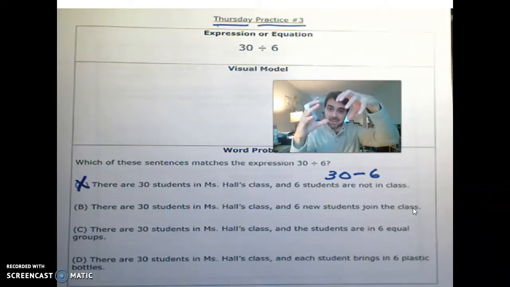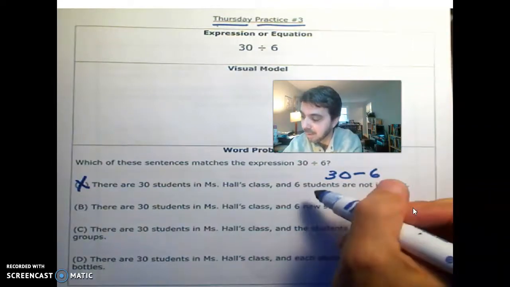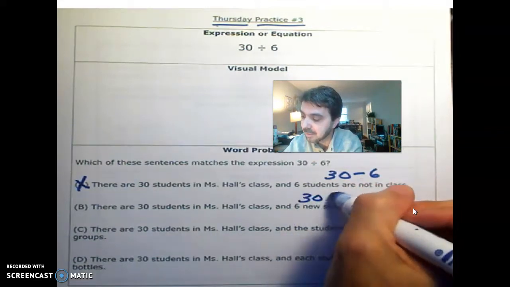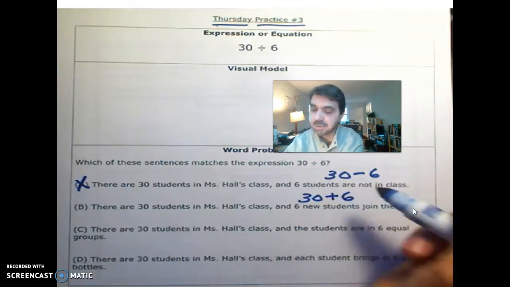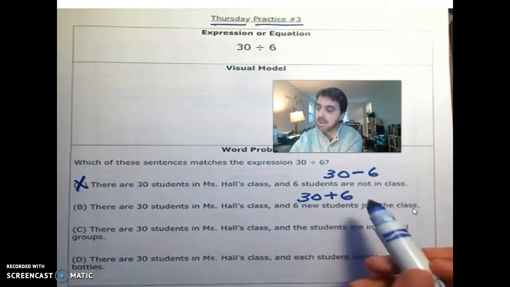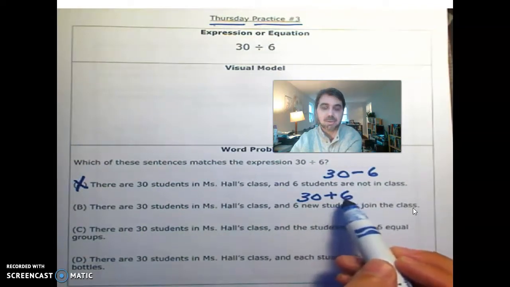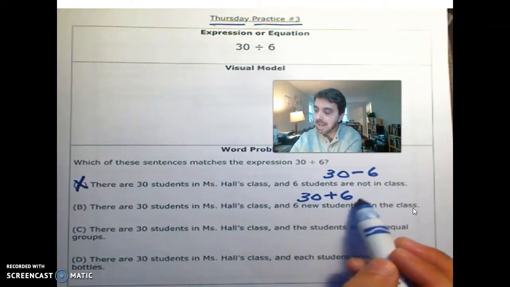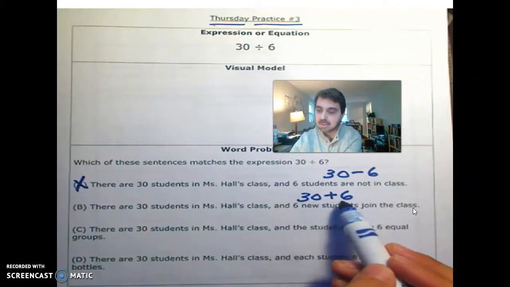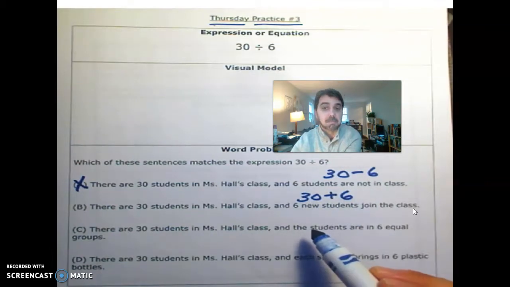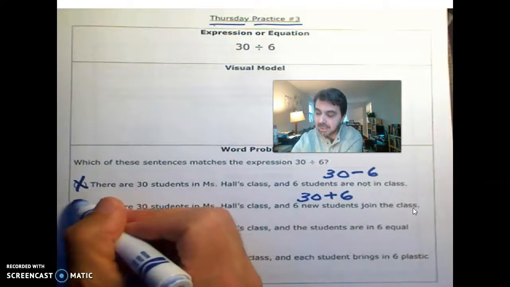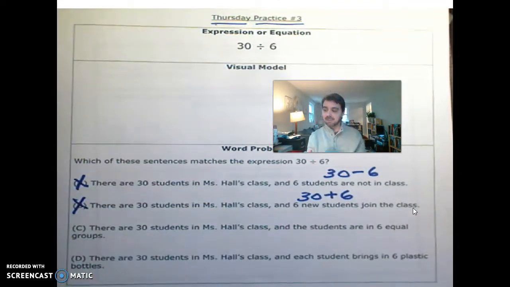That sounds like addition to me, because if she has 30 students and then 6 more students come, that would help you figure out how many students she now has. So this is what happened. There were 30 students and 6 more arrived. Okay? So it cannot be B. That does not make sense, division.